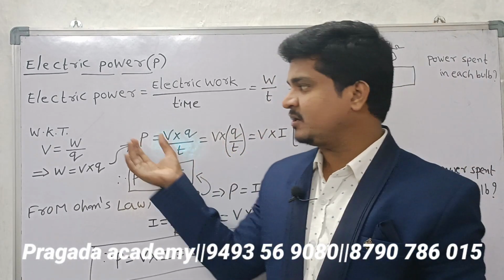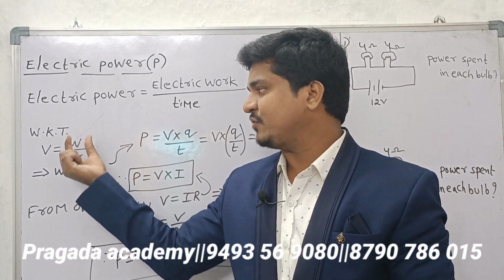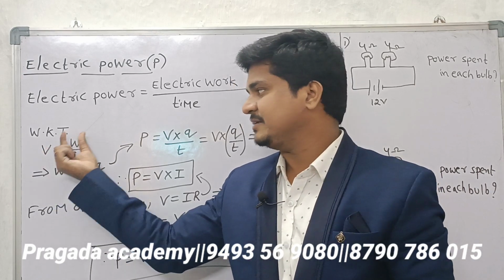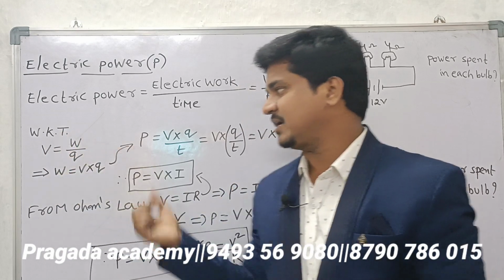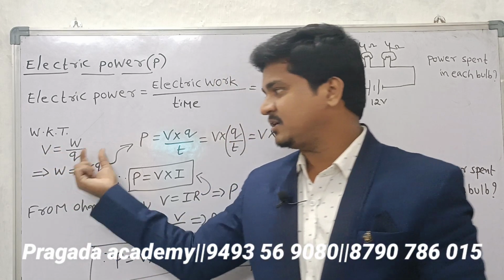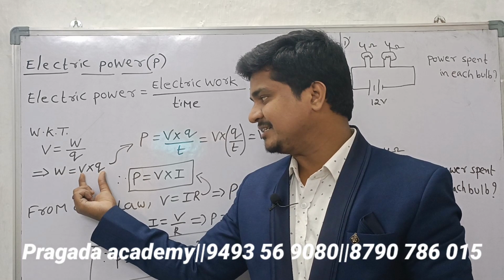So we know from the potential difference or voltage formula, voltage is equal to the work done required to move the charge from one point to another point, that is, voltage is equal to work done by charge. From that, work done is voltage into charge. Charge is dividing here, coming to the left side it will multiply. So work done will be voltage into charge.